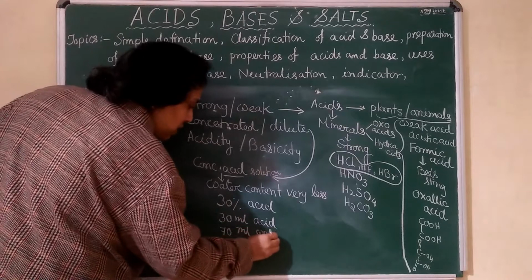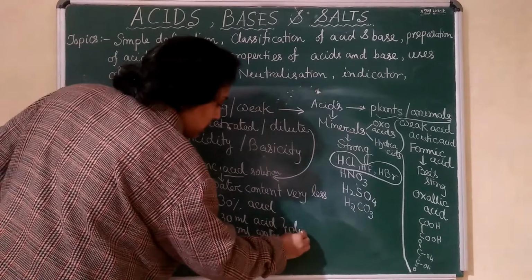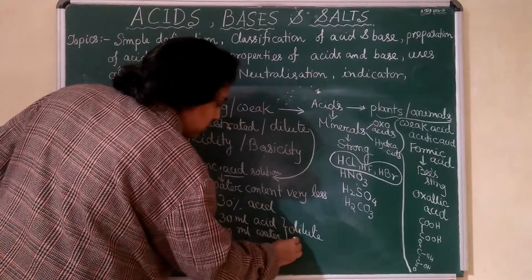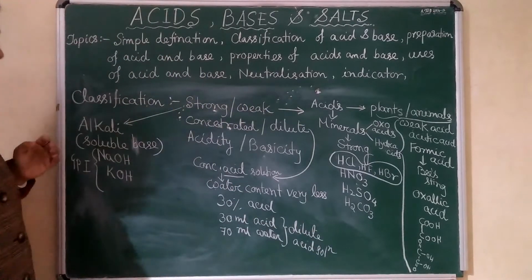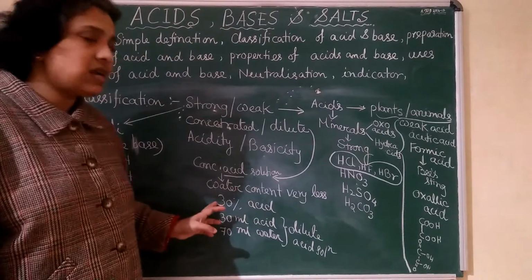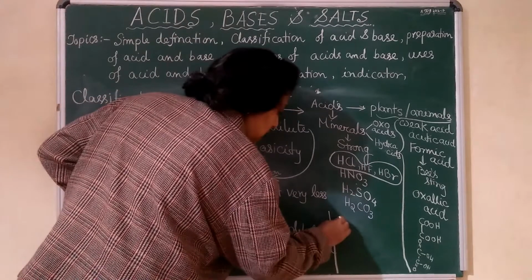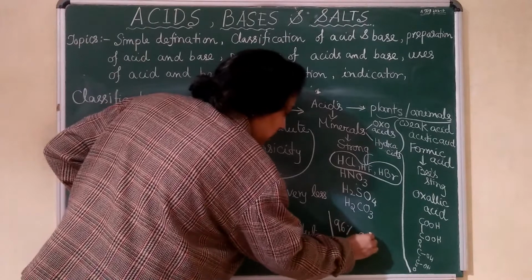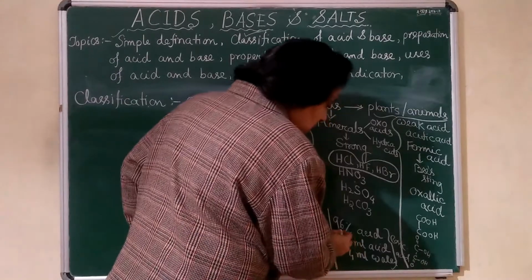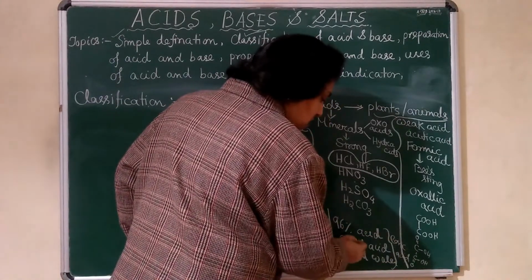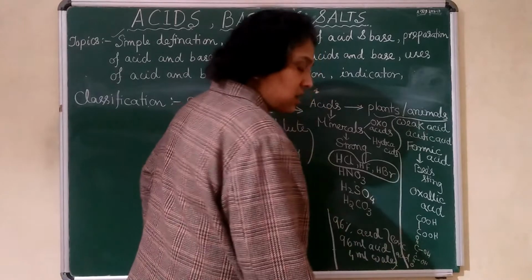So the content of acid is very less, so it is a dilute acid solution. Understood? And if it is 96% acid, what does it mean? 96 ml is acid and 4 ml is water. That means it is a concentrated acid.